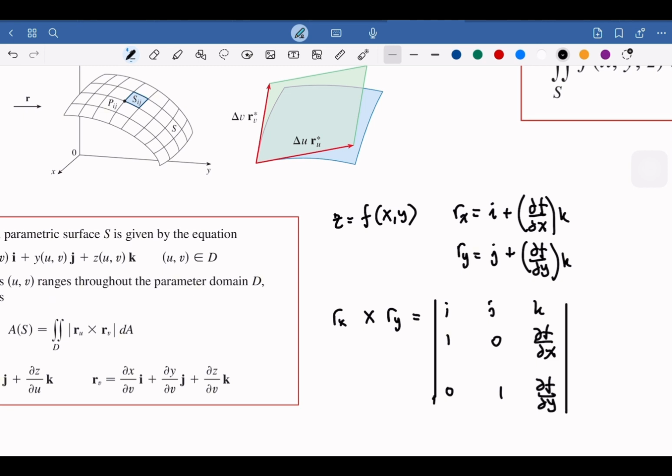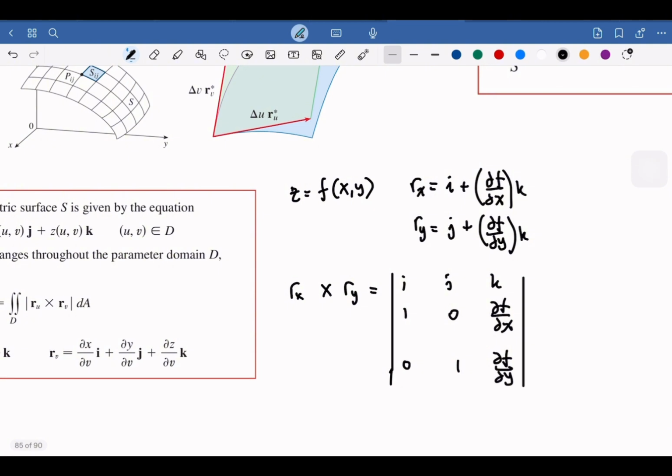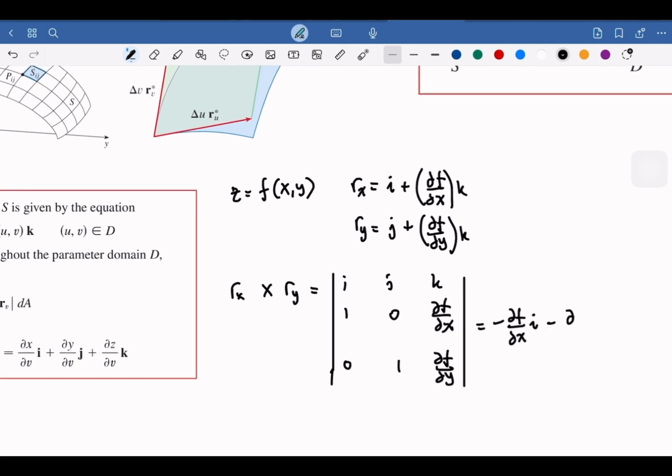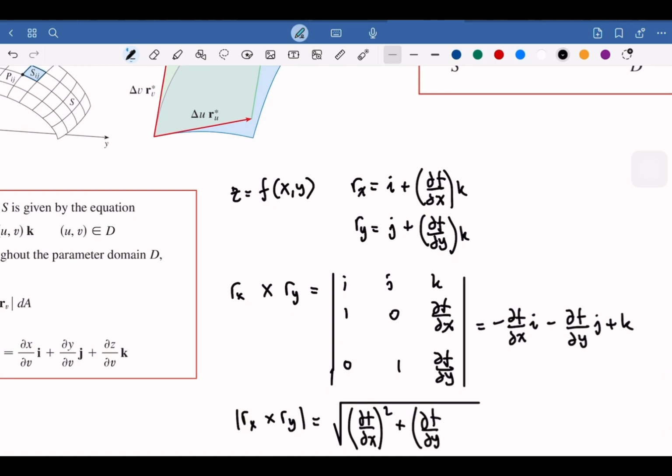And take the determinant, and we get that this will be negative i, negative j, and then plus k. And then if we take the magnitude value of it, you will see that we are going to arrive at this squared, and then square of this, and then the k will be just 1.